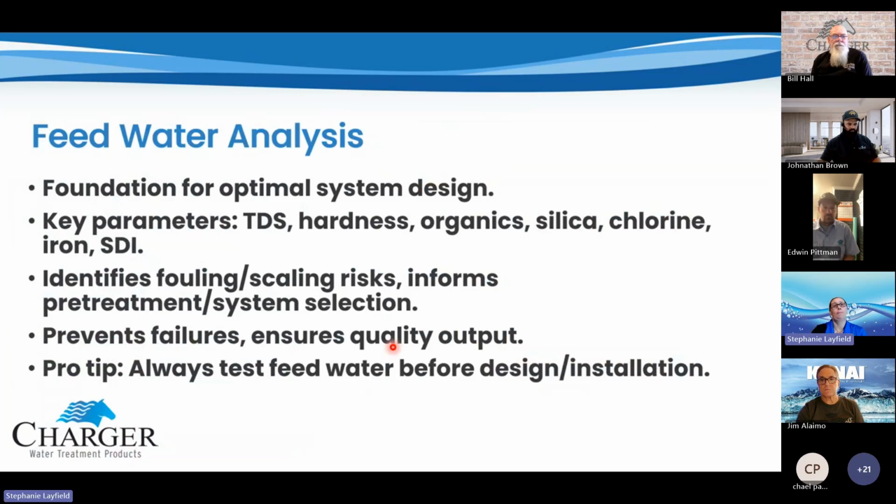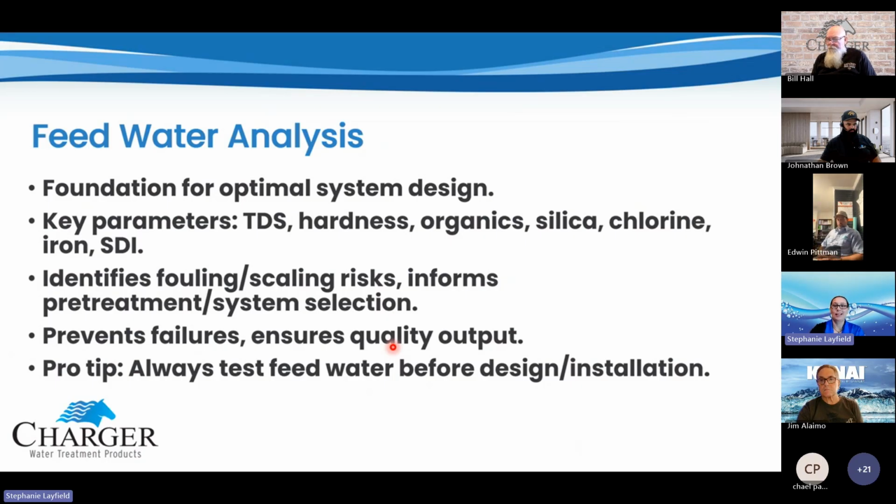Test your water. It's going to be our first thing and the biggest consideration whenever you're looking at a commercial RO. Test the water. Get a full water analysis. Always, always, always. This is your foundation. Especially with parameters like TDS, which is the first thing you measure with an RO. Hardness, we definitely need to know because that's going to foul up the membrane, and there's different pre-treatments we can choose for that.